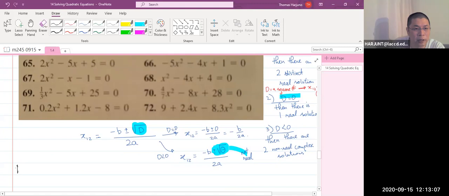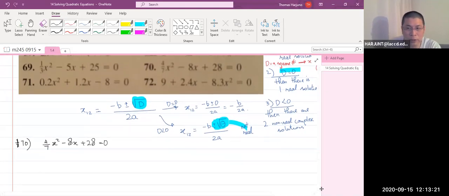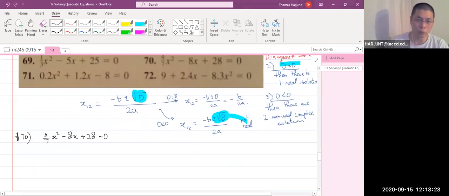Notice they don't ask what's the solution. They only ask how many real solutions. To see how many real solutions, either 2 or 1 or nothing, we look at the discriminant.